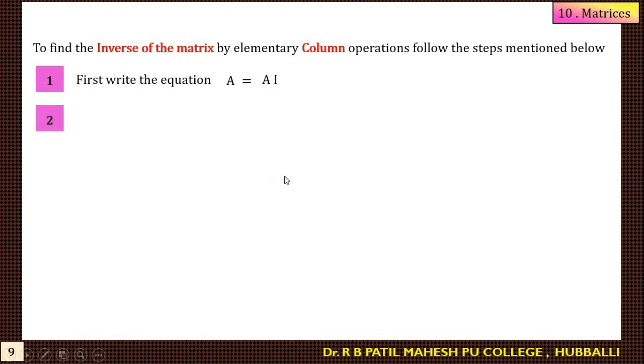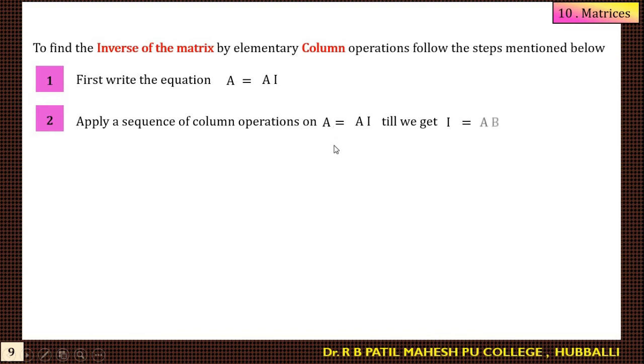The remaining steps are the same as the previous one. Apply a sequence of column operations on A is equal to AI till we get I is equal to AB. That means when we apply column operations, on the left side there is only one matrix, A, to which we apply them.